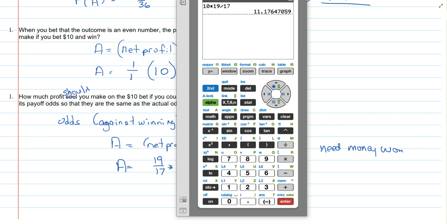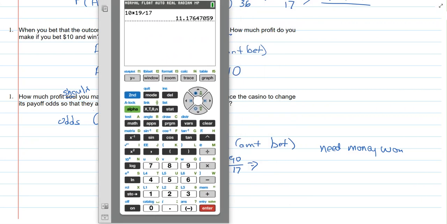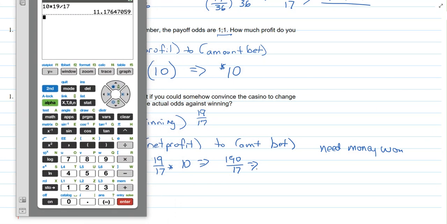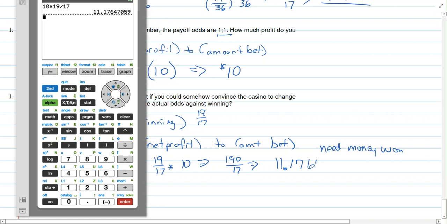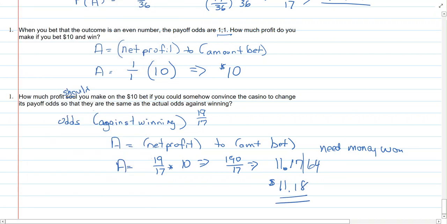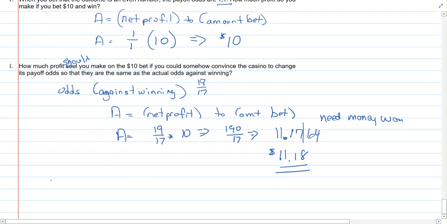And we get this ridiculous number. Well, money's in two decimal places, so you would win 11 dollars and 18 cents. So by making that arrangement of an improper fraction, you're going to earn a little bit more than even bet.